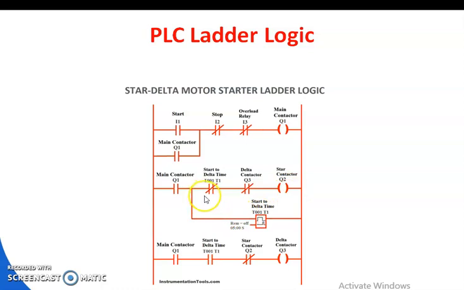So this is the star to delta time, T001 T1. The third one has the main contactor Q1, star to delta time T001 T1, star contactor Q2, delta contactor Q3. So there are three different ladder lines. This one is the main bus line, and this one is another bus line.